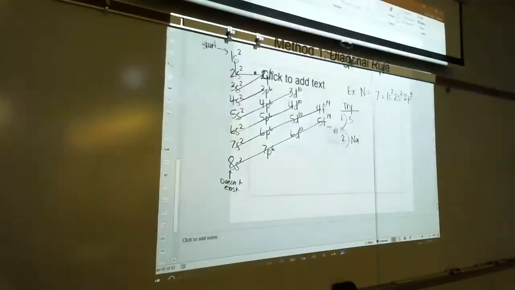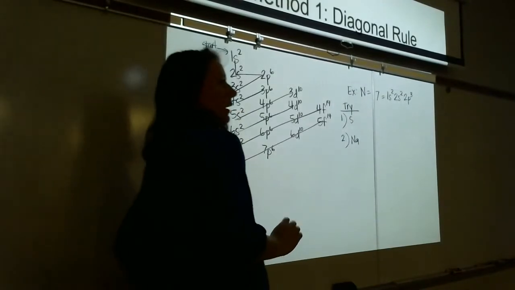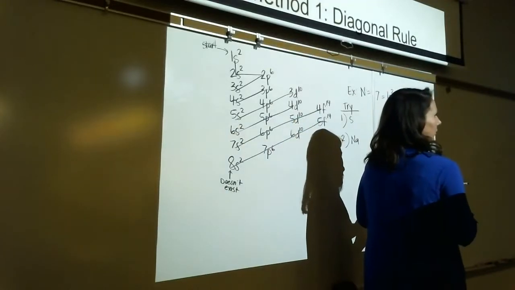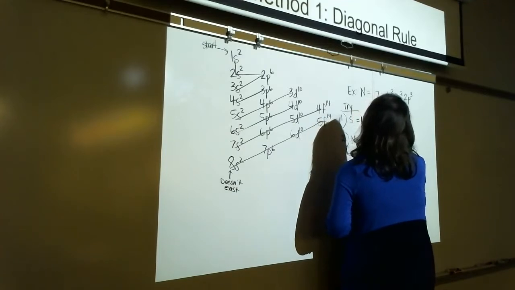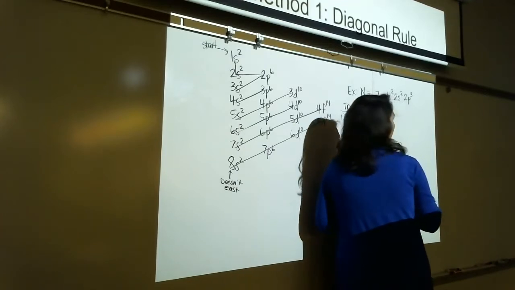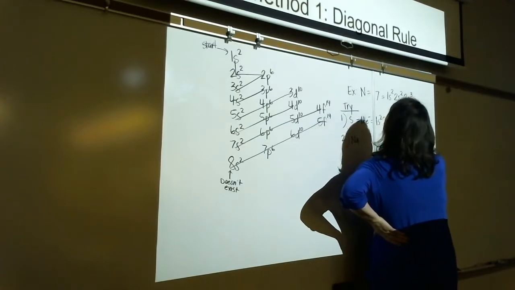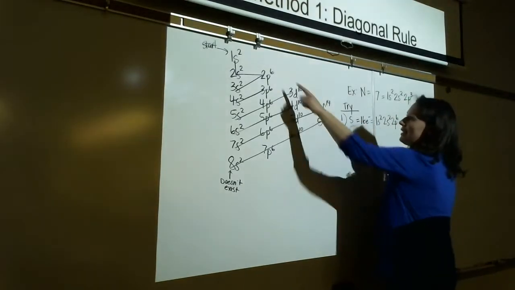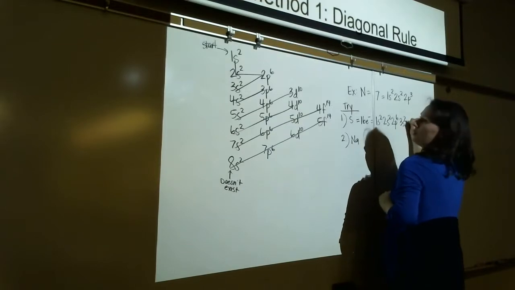All right, let's go over these. So sulfur has how many electrons? 16. So let's see. 1s2, 2s2, 2p6. That gets me 10. 3s2.